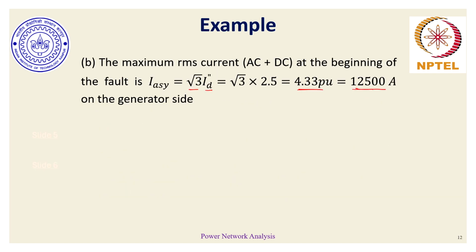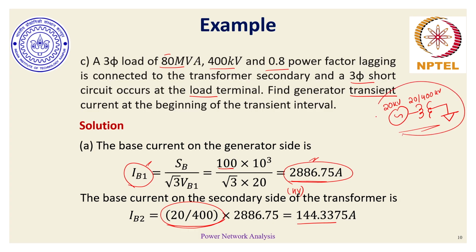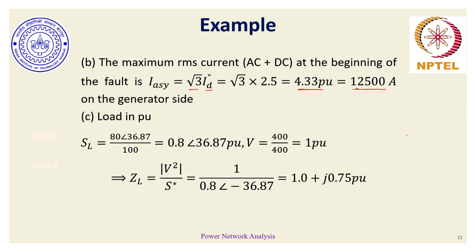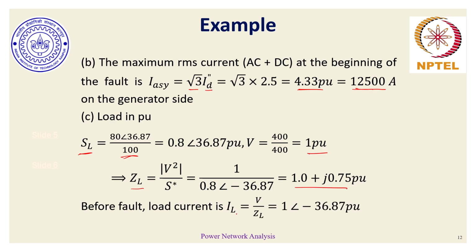For the third bit, we will refer to this particular equivalent circuit. For the third bit, the machine is now loaded. So we'll convert the load power into the corresponding base power of 100 MVA. Voltage remains 1 per unit, the corresponding load impedance can be evaluated, and hence the load current can be evaluated, which is IL.